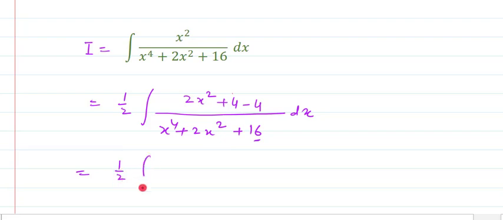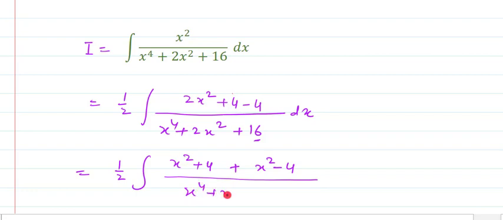Now 1 by 2, let us write this 2x square as x square plus x square with these two terms. So one term that we are getting is x square plus 4. Another term that we are getting is x square minus 4. And in the denominator, we are having the same term, x power 4 plus 2x square plus 16.